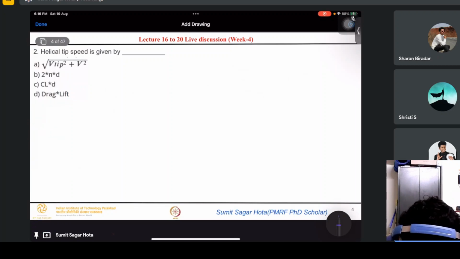Helical tip speed is given by what? The answer is A. It is the resultant of V tip squared plus V squared, where V is the actual velocity.